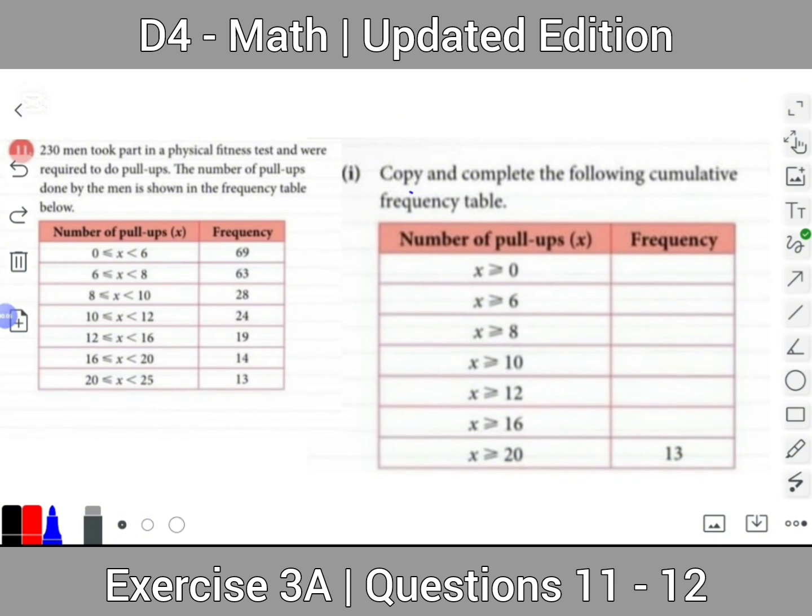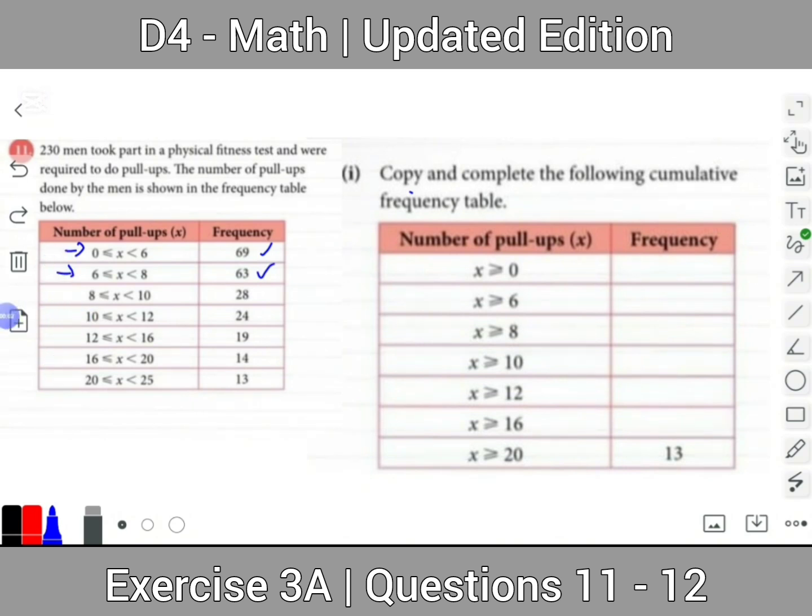Also, these class intervals show us the number of men that fall under the corresponding class interval. So that means 69 men do pull-ups ranging from 0 to 6, 63 men do pull-ups ranging from 6 to 8, and so on.